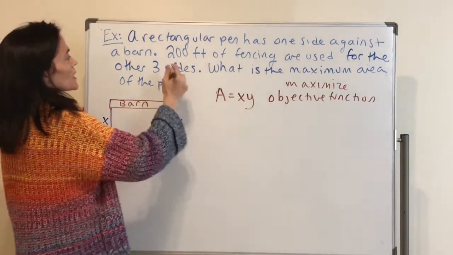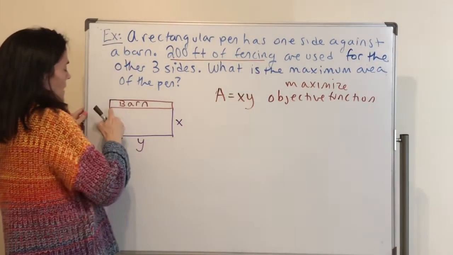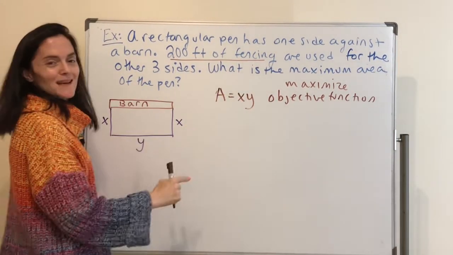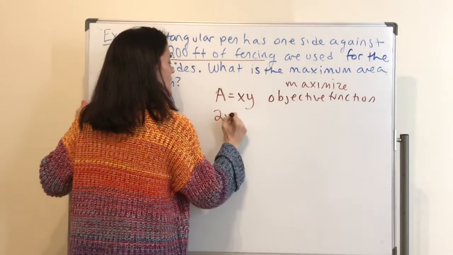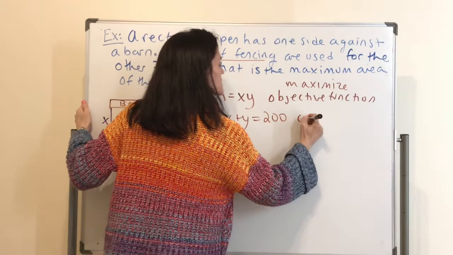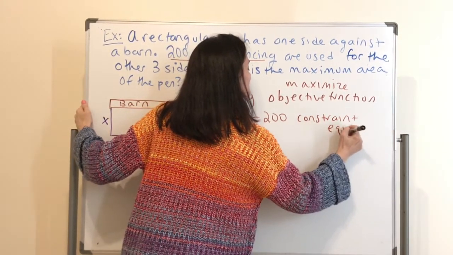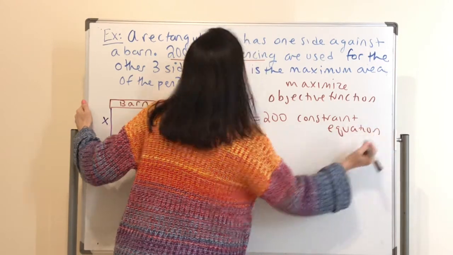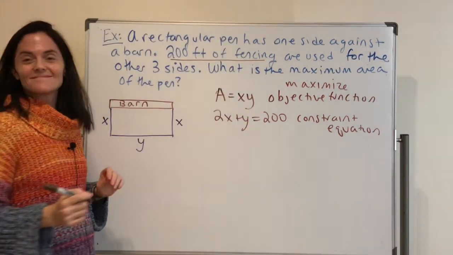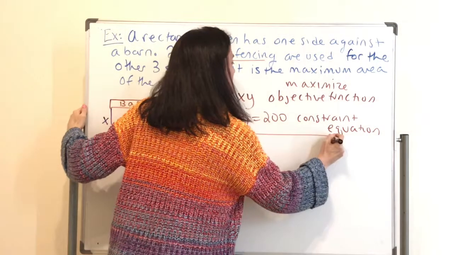The constraint equation comes from here, that we have 200 feet of fencing. This would be 2x plus y is 200. This is the constraint equation. Wonderful. We have set up the problem.